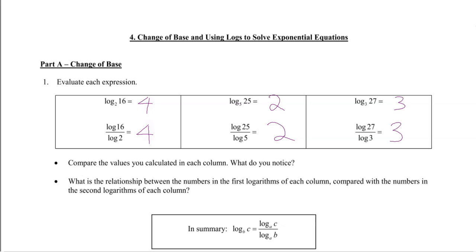So what do you notice about the values in each column? These guys, they're the same. What's the relationship between the numbers in the first logs, so the 2 and the 16 there, compared with these numbers here?